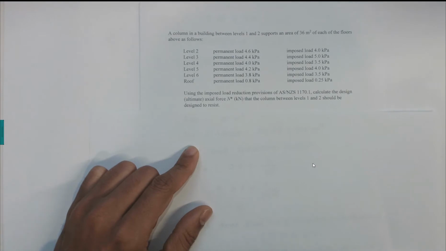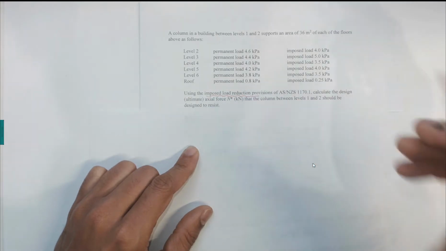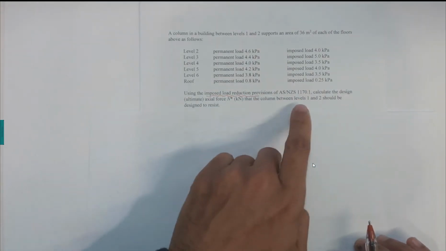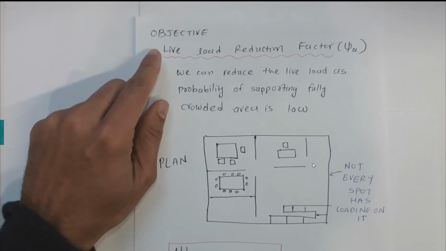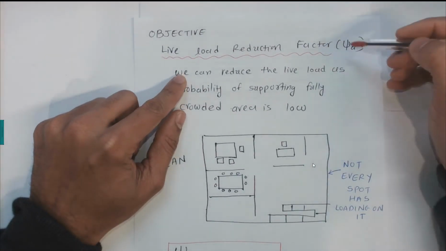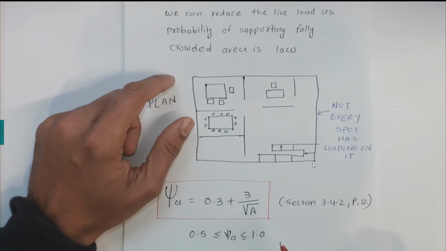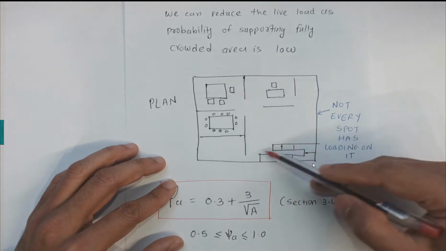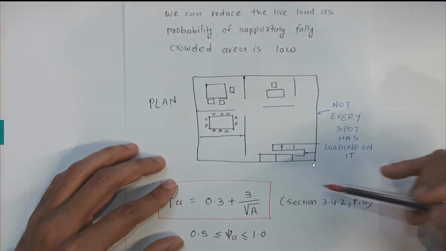Now, I'd like to explain the concept of live load reduction factors that is in the Australian standard 1170.1. The live load reduction factor is represented by psi E. I can take an example of a typical office building where we have some tables, chairs and some kitchen area.